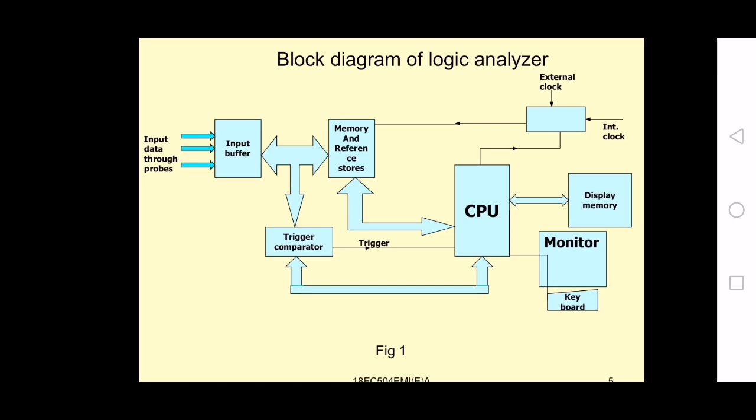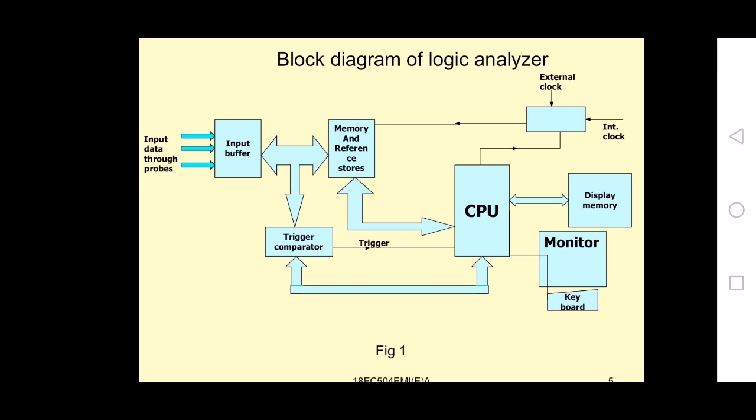the next sequence of data will go to the trigger comparator, which will trigger the sequence of events. Your qualified trigger will go to the central processing unit. Based on that you can have memory reference stores that may be based on either your internal or external system clock.